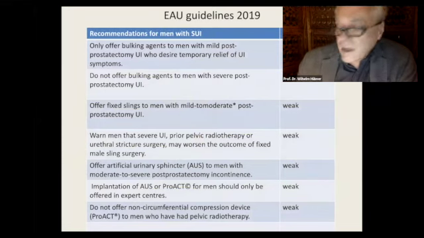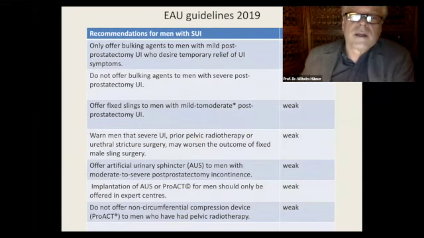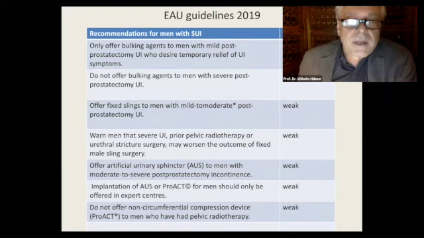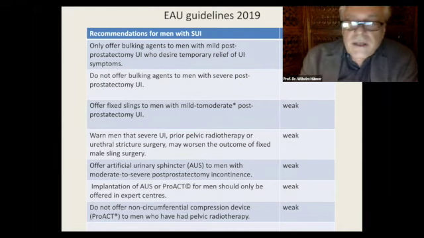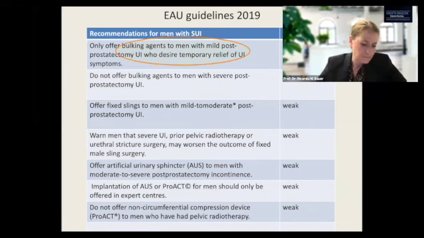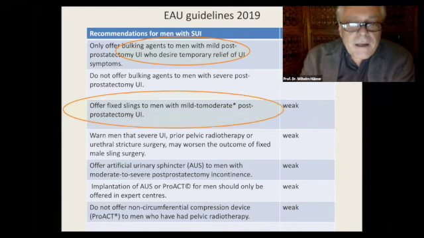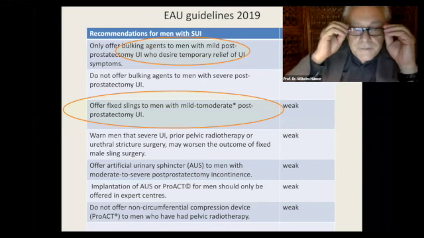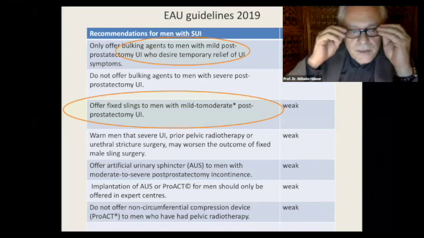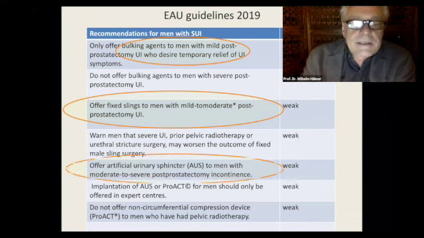Now, if we have a look into the EAU guidelines, and Emmanuel already showed it, it is not very helpful, I must say. If we have patients who desire only temporary relief of their incontinence, you can use bulking agents. If you have patients with mild to moderate incontinence, you can offer fixed slings. If you have moderate to severe, you should offer an AUS.